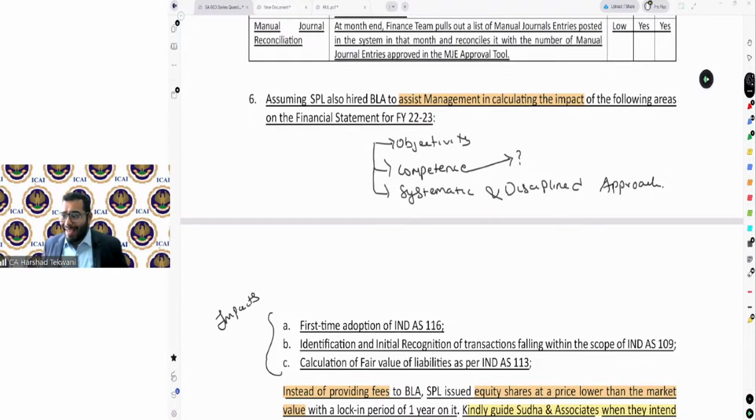On what basis can I say that the internal audit function has appropriate competency? Now we discussed the required objectivity, required competency, and required systematic and disciplined approach. But how to evaluate that?